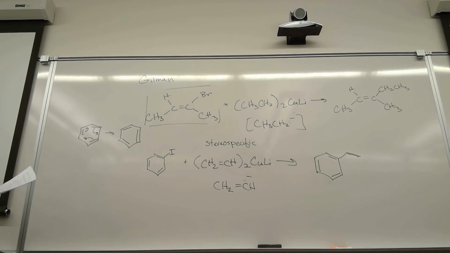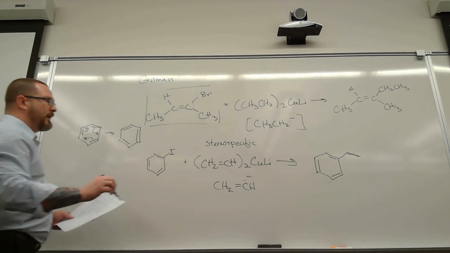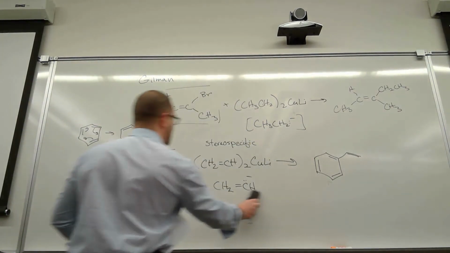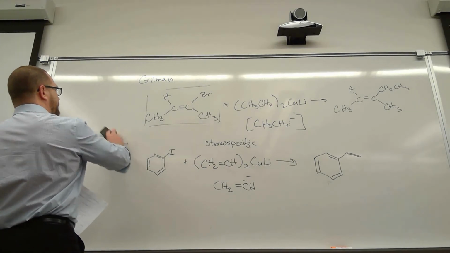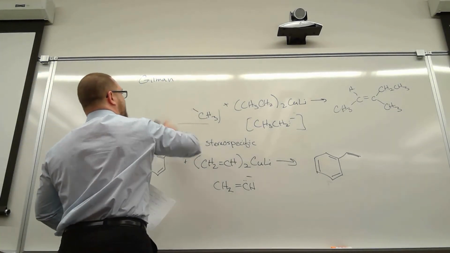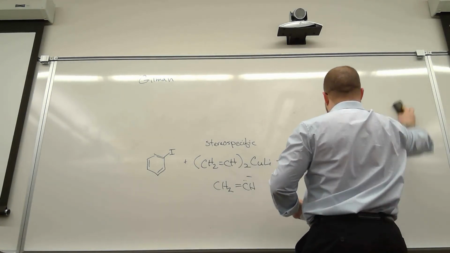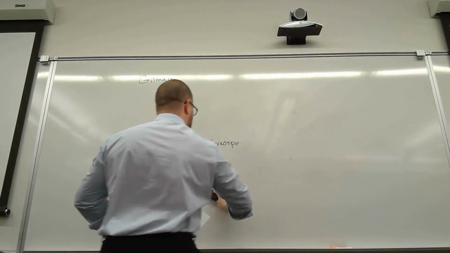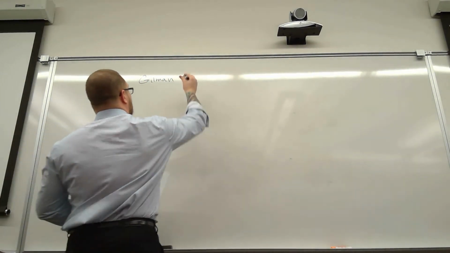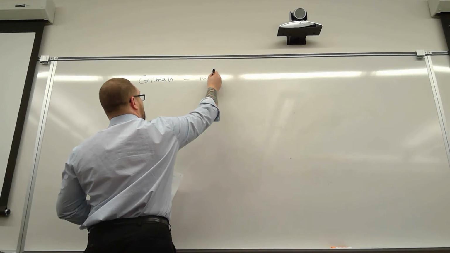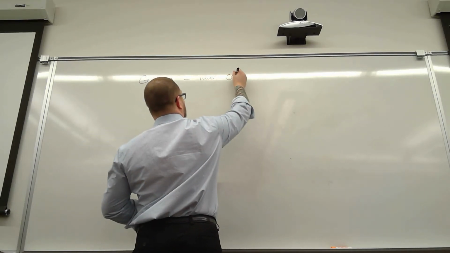One other component to this is why would you use a Gilman versus a Grignard? One good reason would be you can use Gilmans near carbonyls.